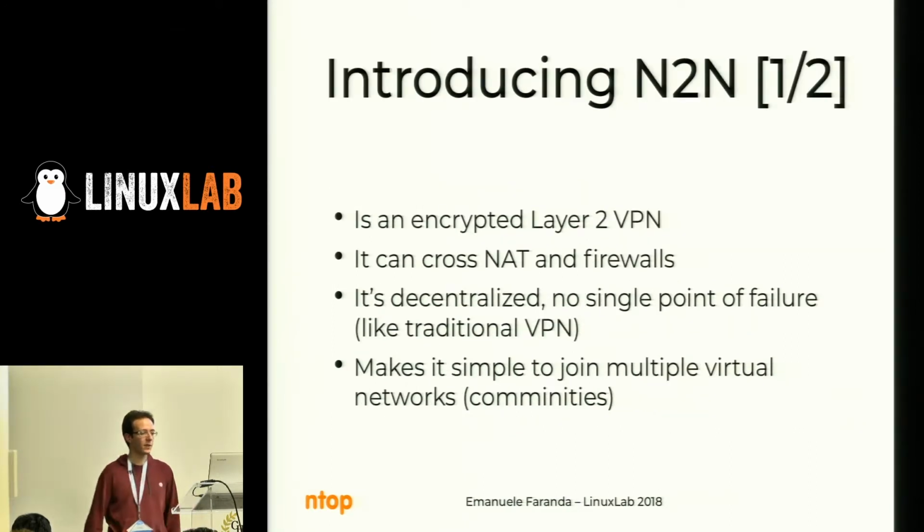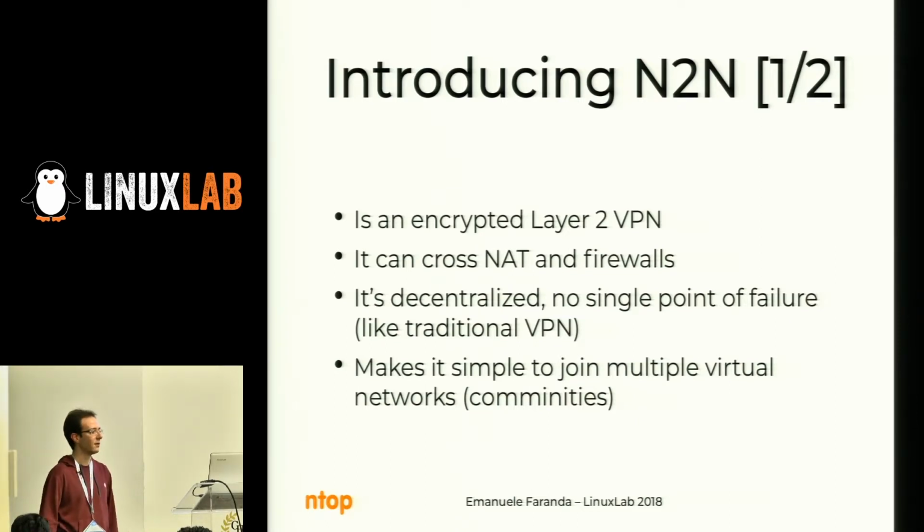So from these necessities, and with other support, we have developed n2n, which is layer 2 VPN software. Layer 2 means that you will have the Ethernet headers on the packets, so you can build any Ethernet-based application on top of it.